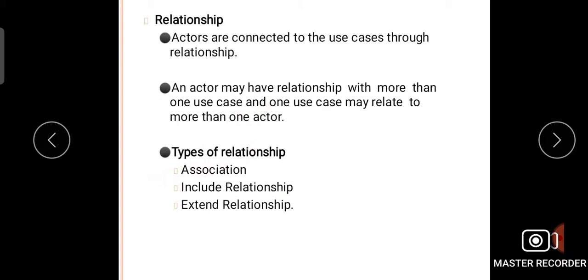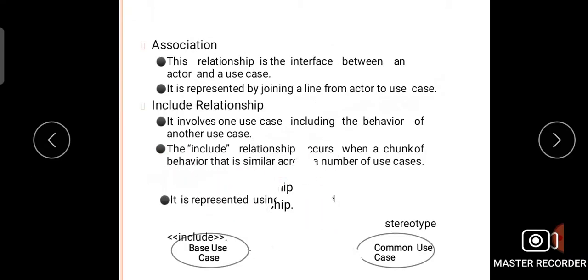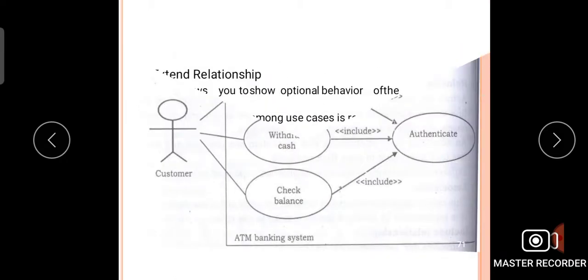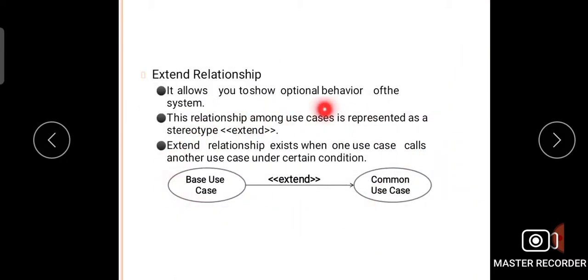Totally, three types of relationship are used in a use case diagram: first of all association, include and extend. Association is nothing but a simple line. Include is denoted by this type of arrow, and extend is denoted by this type of arrow.